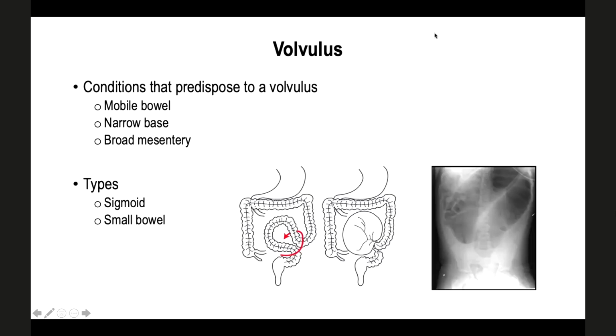Yes, Kularatna. You see this appearance here? This is a sigmoid volvulus appearance. Do you know what this characteristic appearance is described as? If you see this X-ray, you know it's a sigmoid volvulus.